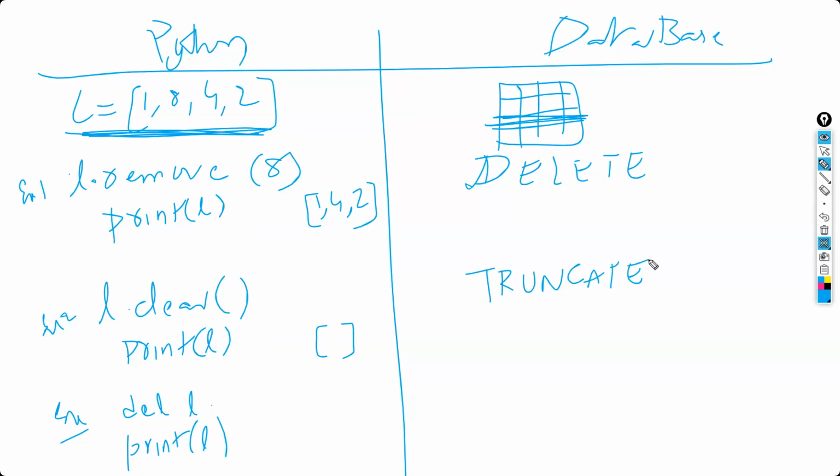It is called truncate. The output of truncate is an empty table, with column names available but values not there. And next one is drop. Drop means the table also is deleted. The entire table is deleted. Table also will not be available. That is the difference. Right?